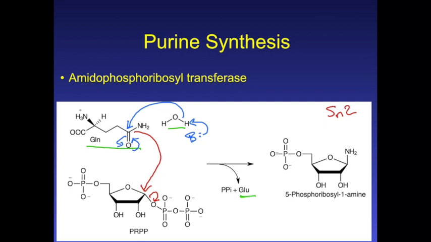Give me another rationale without looking at the arrows, just looking at the reactants and the products. Why would I say that it is an SN2 attack? The amine is in the beta conformation. It's inverted. The stereochemistry is inverted from the beginning to the end, where the nucleophile attacks. Okay, the leaving group is on the opposite side.